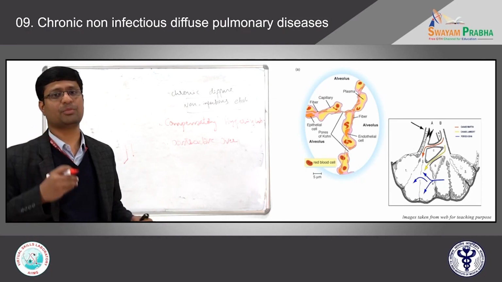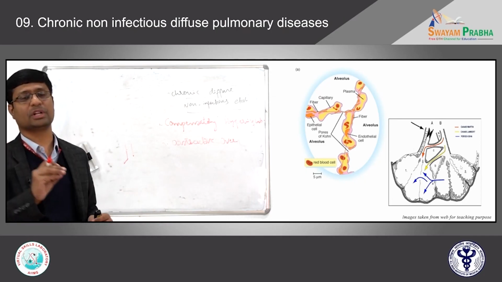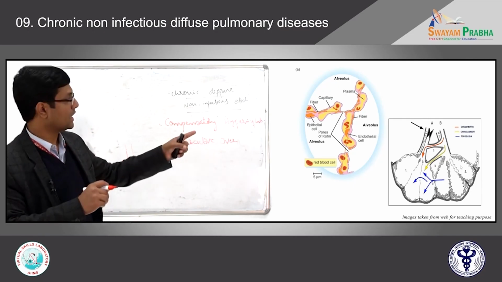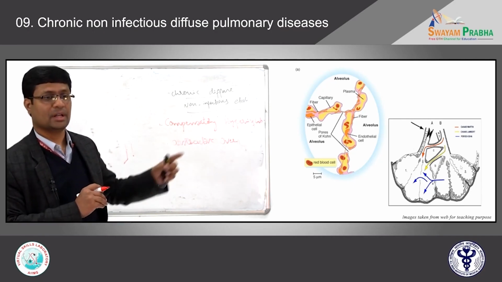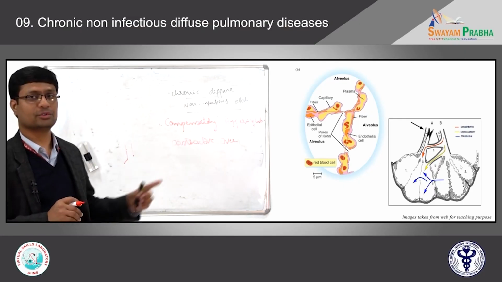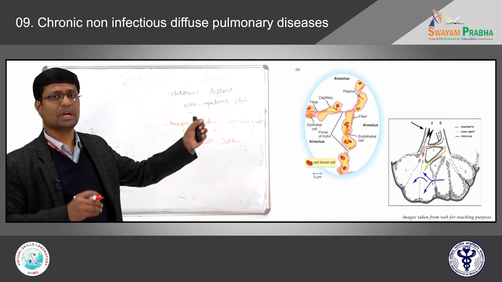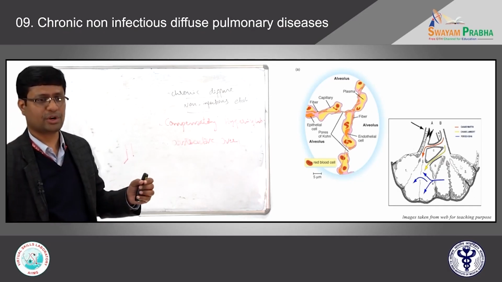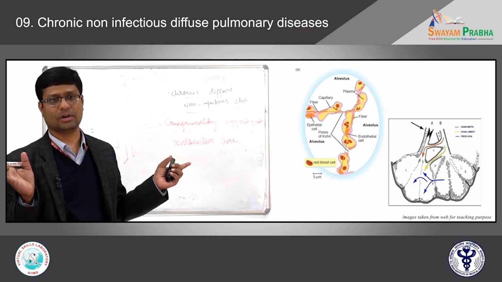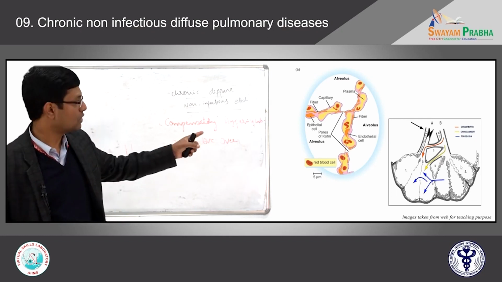There are three most important normal physiological connections, all of you should know. What are they? Canal of Martin, then canal of Lambert, then pores of Kohn. Because when there is obstruction, air can enter from one respiratory unit to the other respiratory unit, causing inflation.